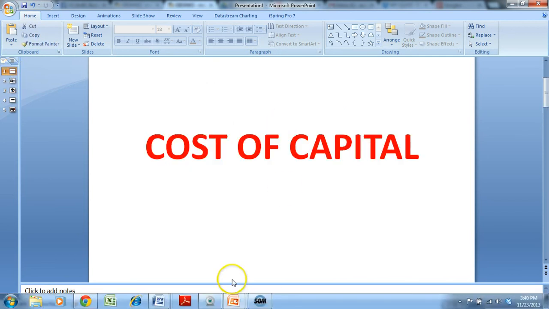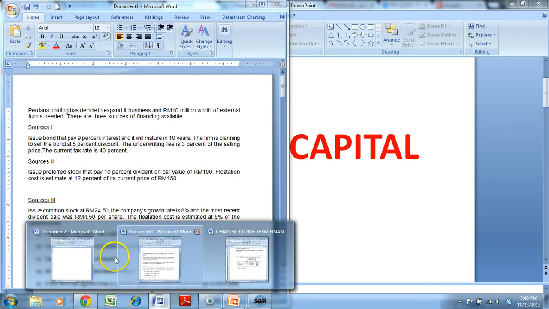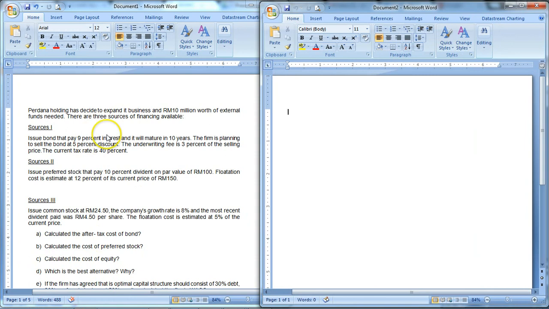So this is a sample of the question that I want to teach you how to calculate. As you can see, when a company needs funds, why does the company need funds? Probably you want to expand a business or invest in a project.